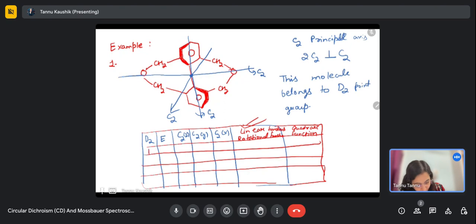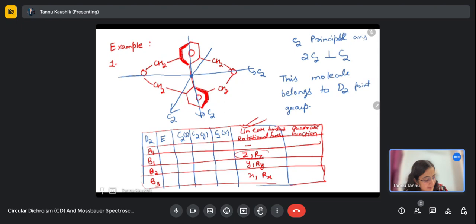Here we have four irreducible representations: A, B1, B2, and B3. So I'm directly writing the linear functions with respect to each irreducible representation. So z and Rz belong to B1 irreducible representation, y and Ry to B2, and then x and Rx to B3.